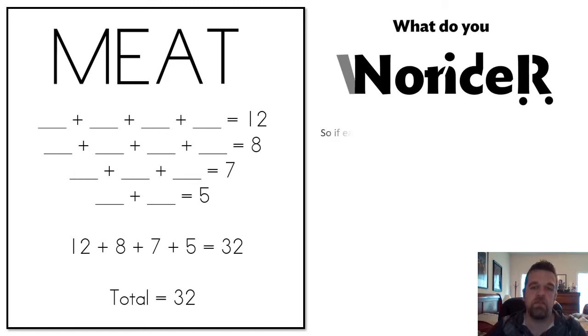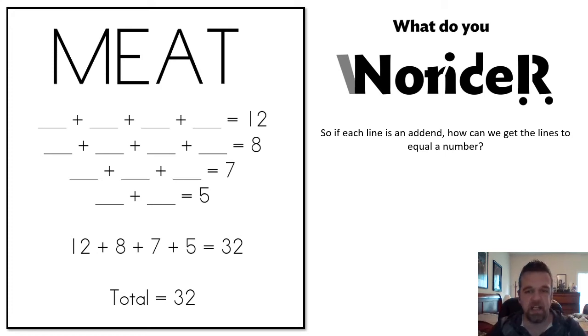Now we need to figure out how each line can be equal to a number. If each line is an addend, and all the addends are going to be numbers, how do we make each line a number? So that's something I'm wondering. And what resources do we have?